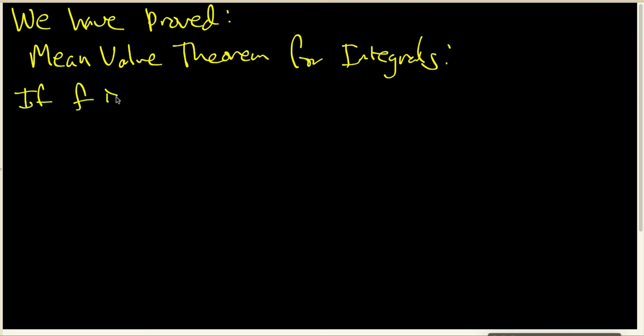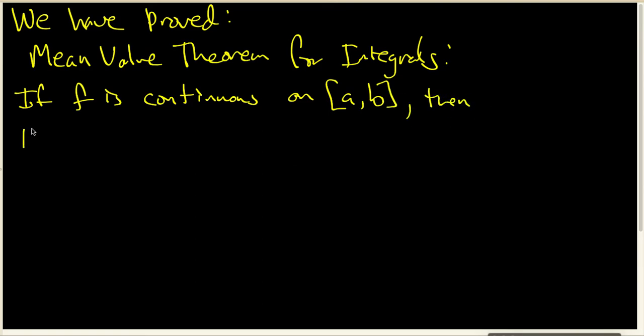If little f is continuous on a closed interval between A and B, then there exists a magic C. I want to stress that this is what we're claiming exists.